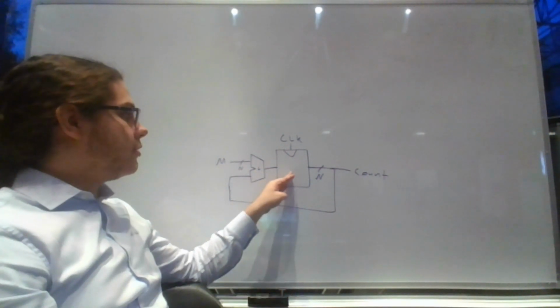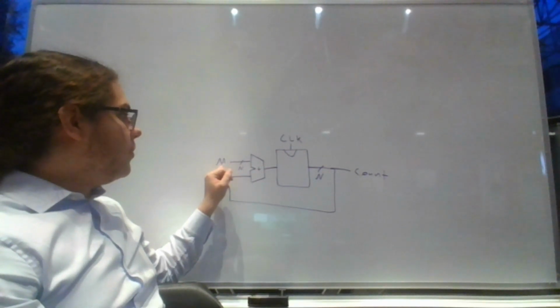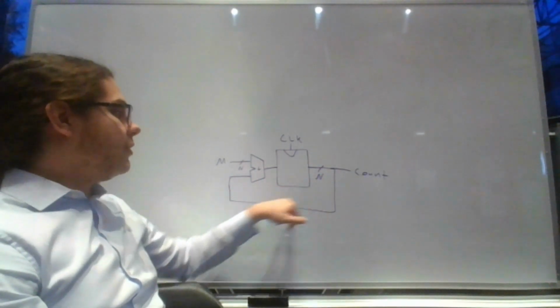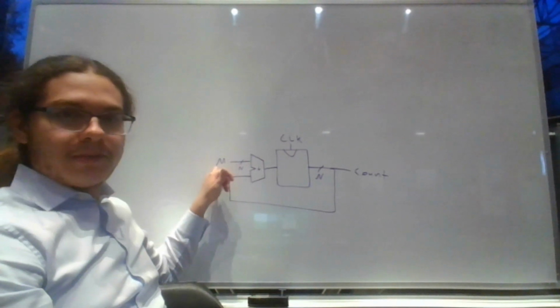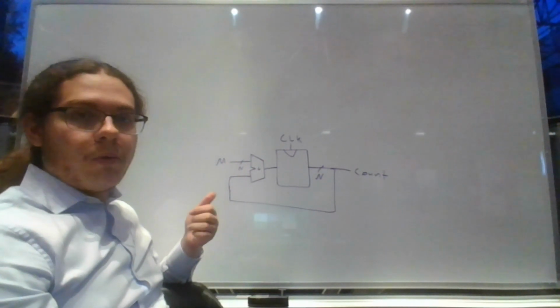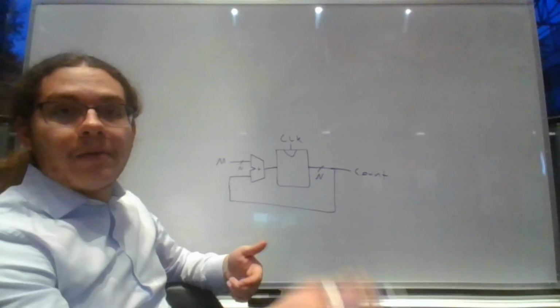So you have your register here, which retains the memory of what the current value you're on. And then you have an adder, which basically adds that value with some number or multiplier. For your guys' introduction, this multiplier was normally 1, where you just add 1 every clock cycle. Though in general, you can add any number every clock cycle.